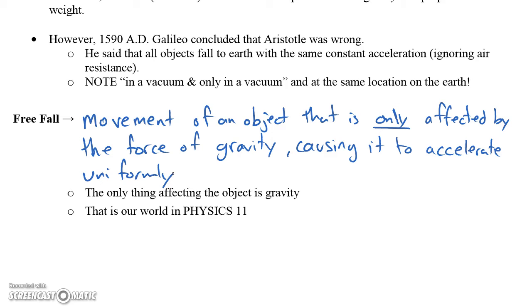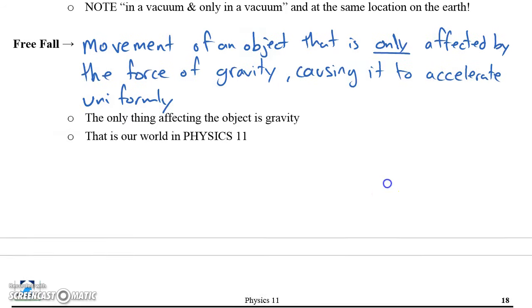We're just going to pretend that all of our problems have no air resistance so that we get to understand how the motion is occurring. Eventually, when we talk about forces, both this year and next year, we'll be able to include the air resistance factor into our problems. But for now, just assume no air resistance.